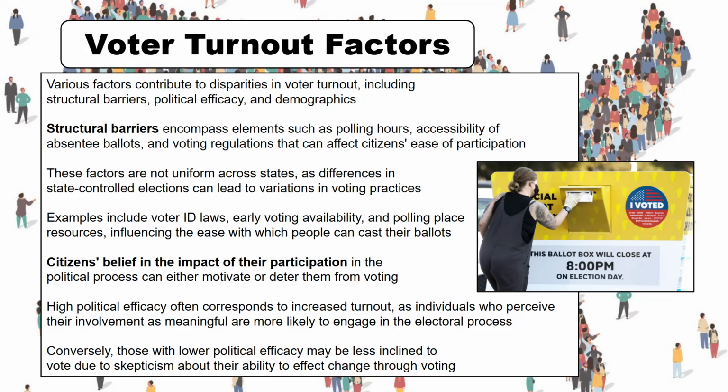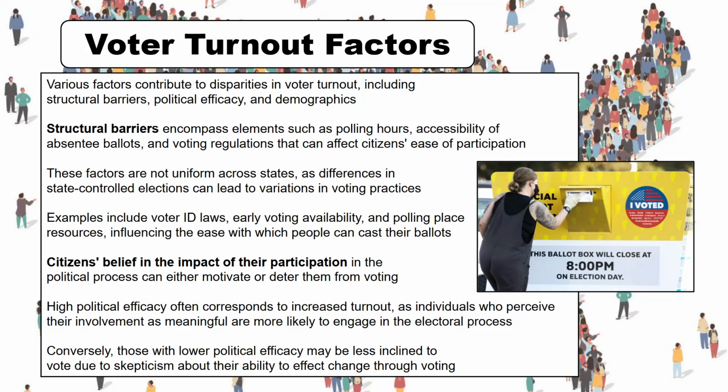But then you have other states that require photo IDs, have limited polling hours, few early voting locations, and make absentee voting very difficult for people, right? What you'll see in more progressive states, like out west or up north, is a wider range of access to vote, versus southern states, where it's a lot more limited, all right?